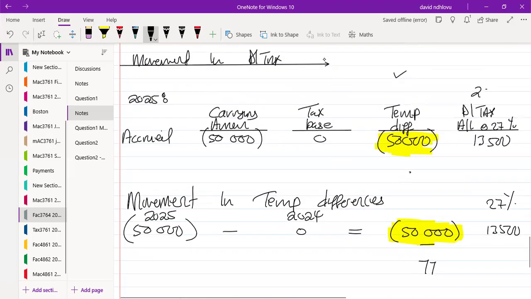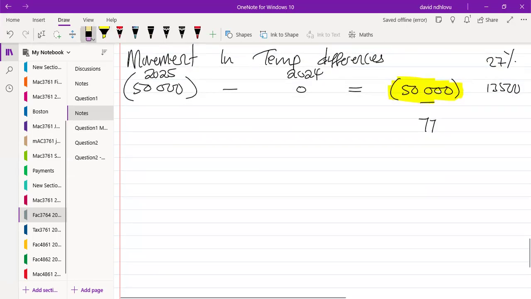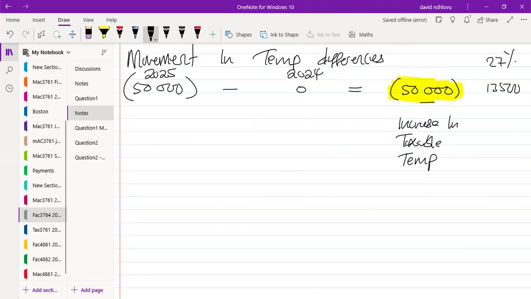Now, this is a simple understanding of what this means. If you are having a negative amount, this here is an increase in taxable temporary differences. What is a taxable temporary difference? It will lead to an increase in taxable income in the future, but in the current year, it leads to a reduction in taxable income.